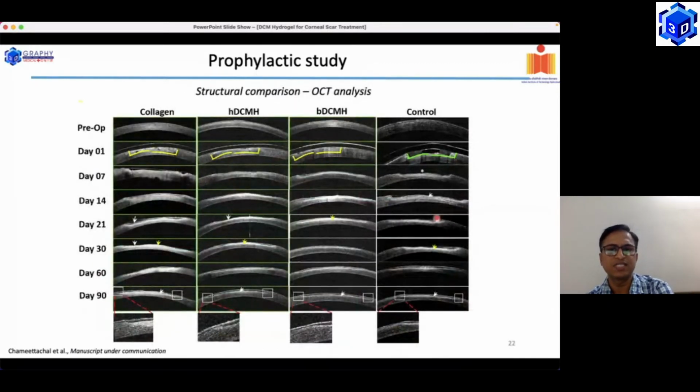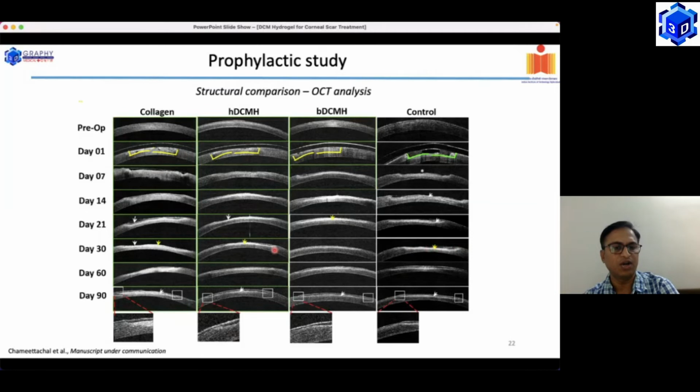We have also done the OCT analysis, and from the OCT we can understand the corneal thickness, the stromal thickness, and also the epithelium thickness. All these things we have observed. Due to the limited time, I am not going into the details, but the take-home message is this: in case of control, we can see the cornea is becoming thinner because we have removed the tissue and we have not put any hydrogel.